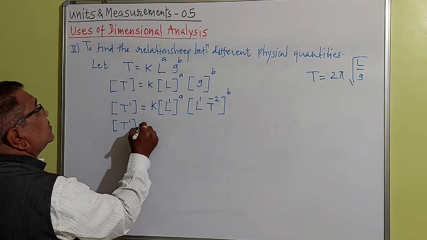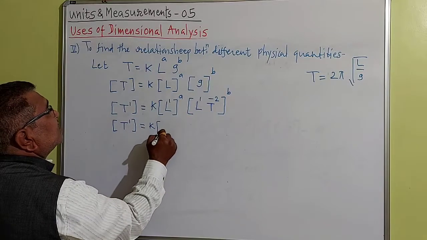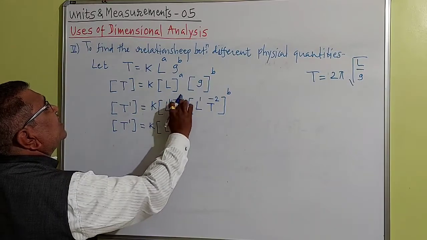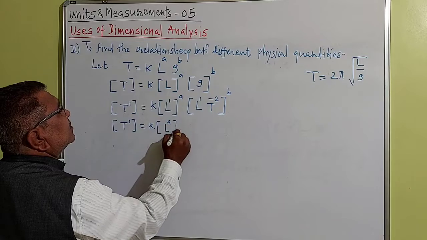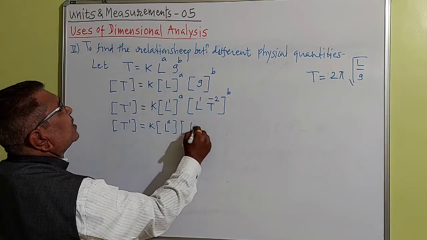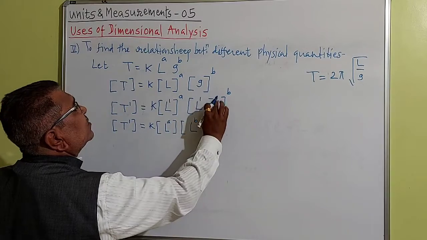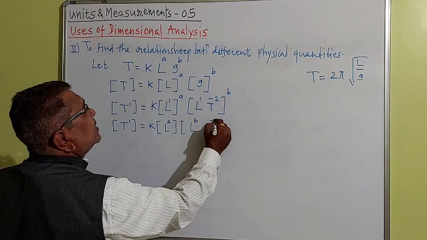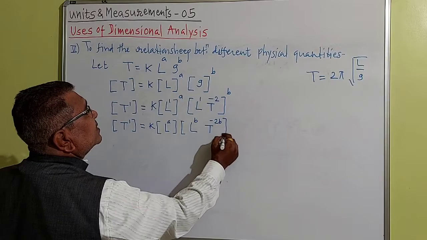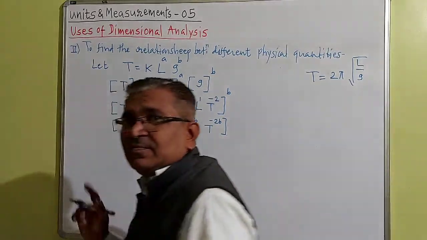Then the next step is T^1 = K, L^1 into a, L^1 into b, T^-2 into b, that is T^-2b.